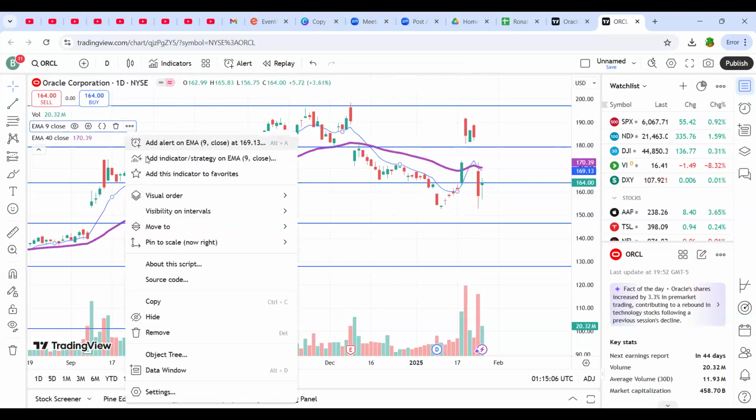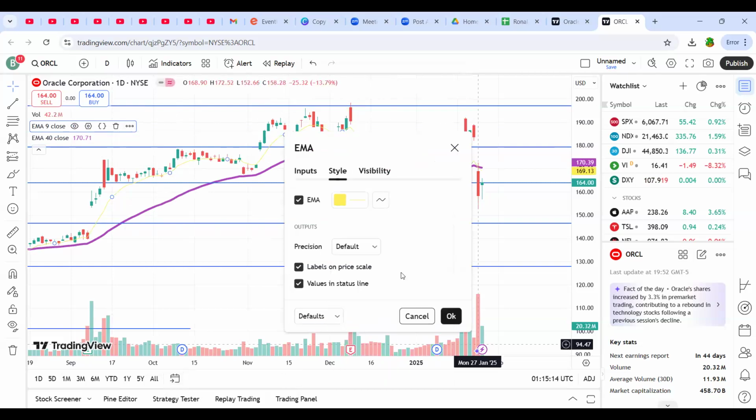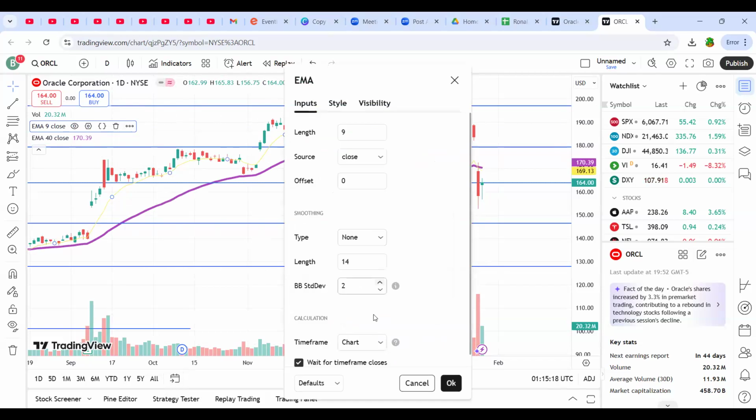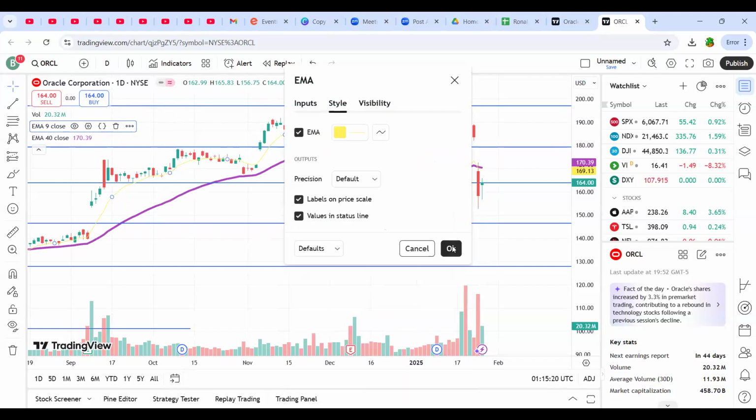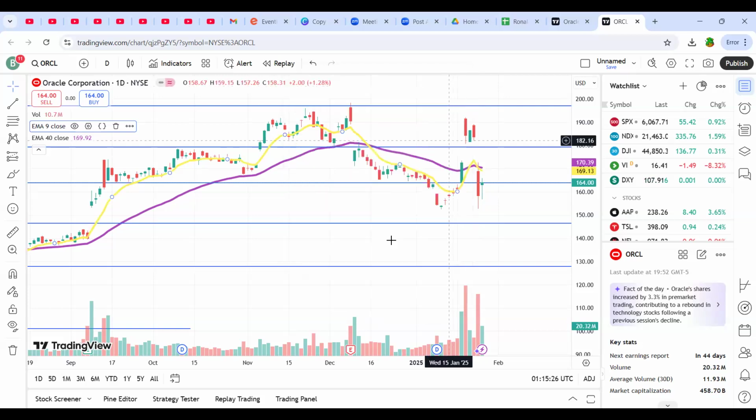It's the smoothed out data. So I got this here. 9-day. Go with the thick line here.